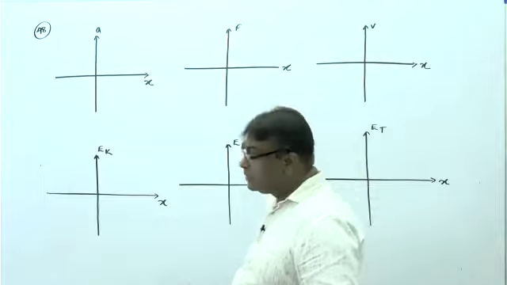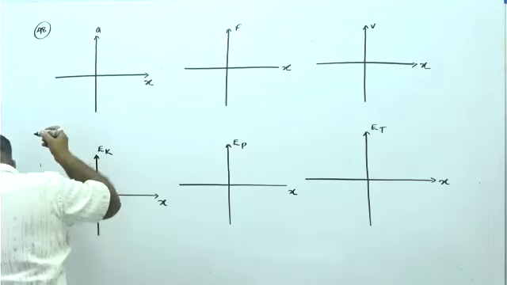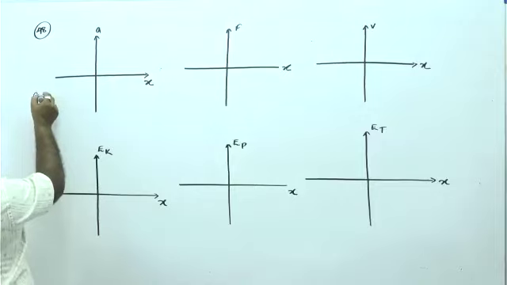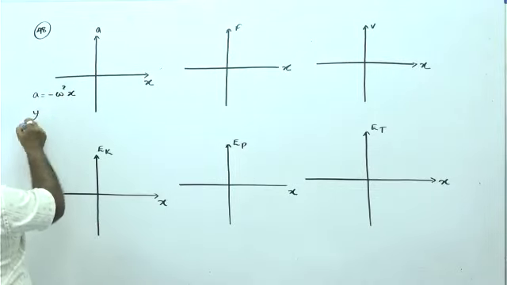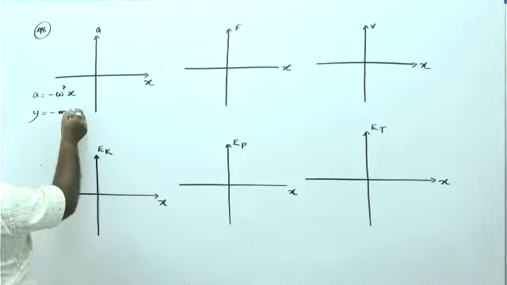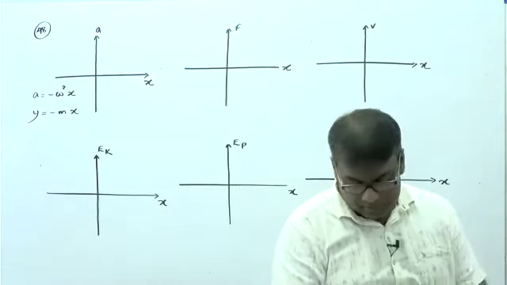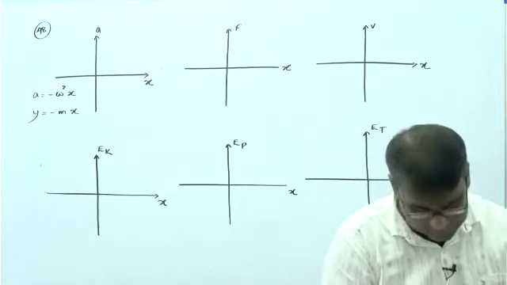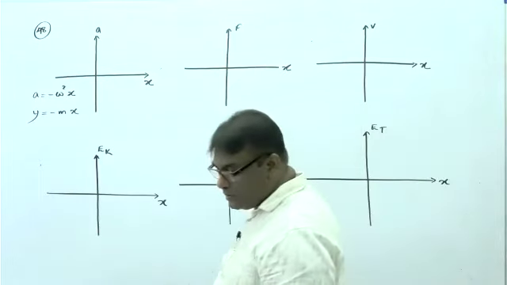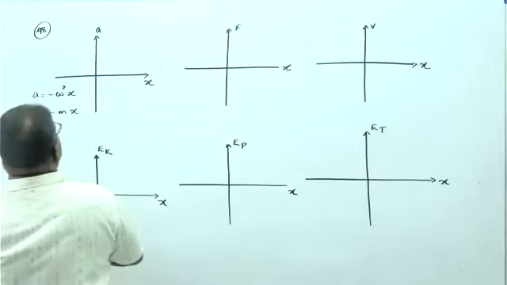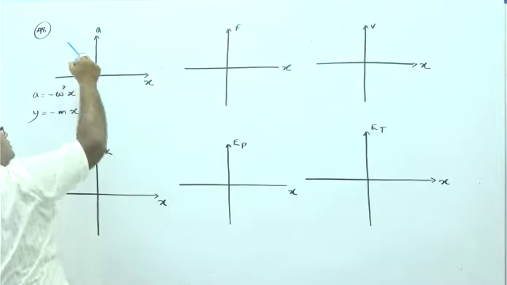Okay, number 48. Acceleration against displacement. Then you have to say a equals minus omega squared x. It's like y equals minus mx. The shape of the graph is a line with negative gradient passing through the origin.